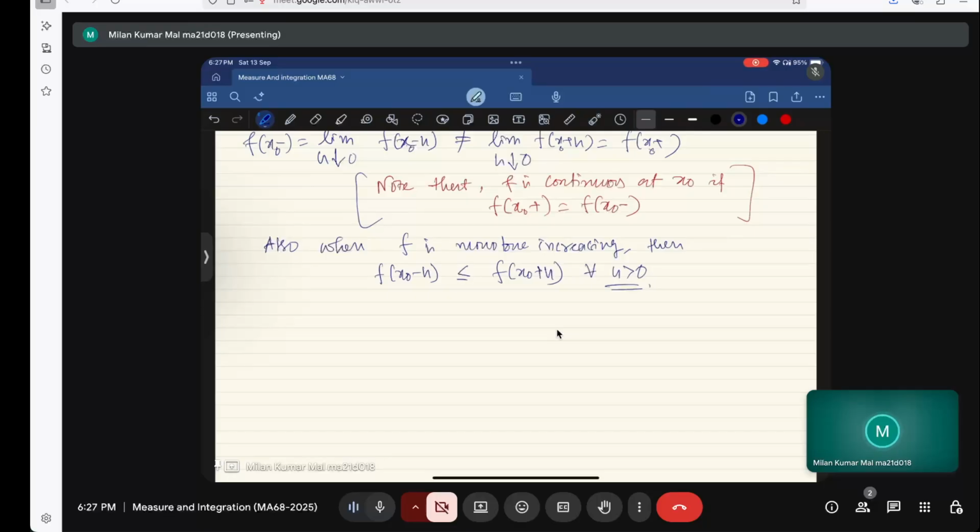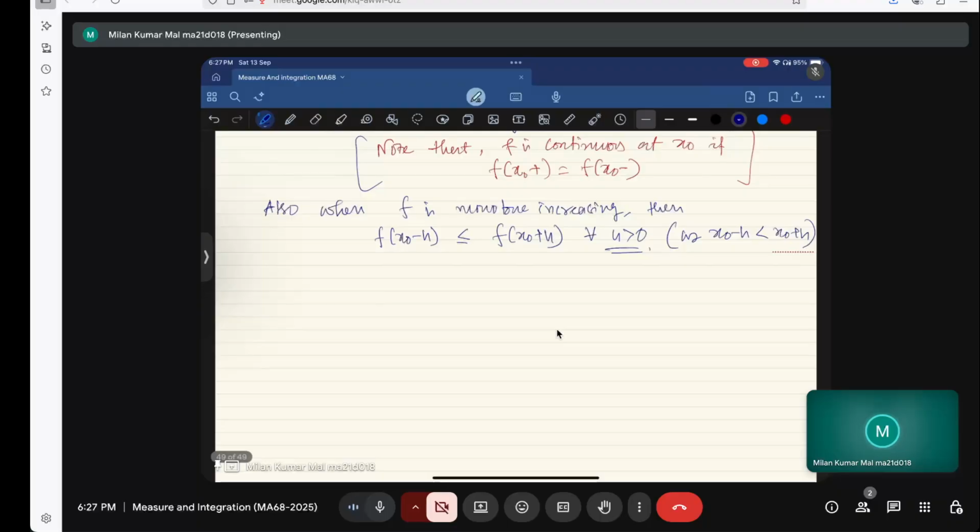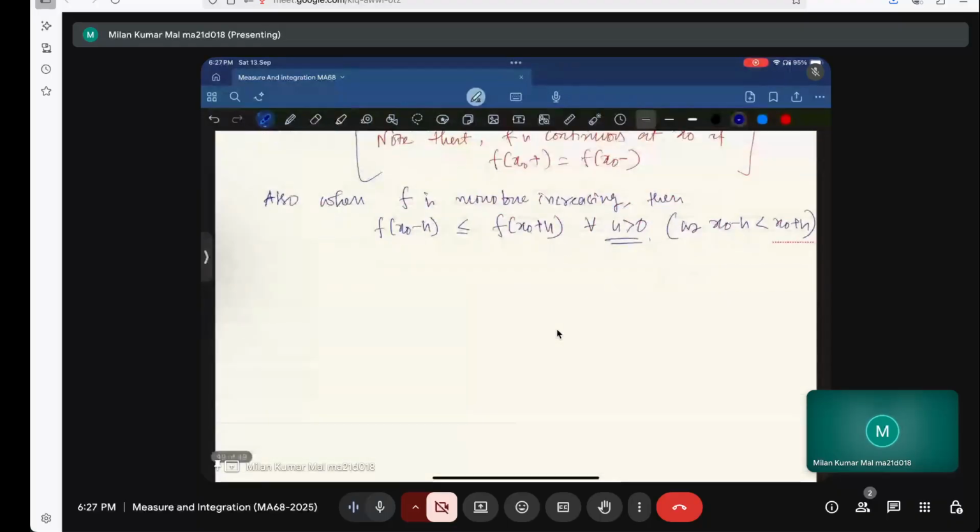This has to be, as x naught minus h is strictly less than x naught plus h. Here it is claiming that this is not equal, but equality can't happen.